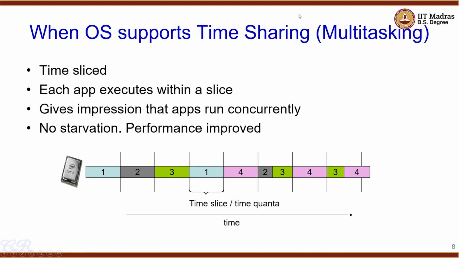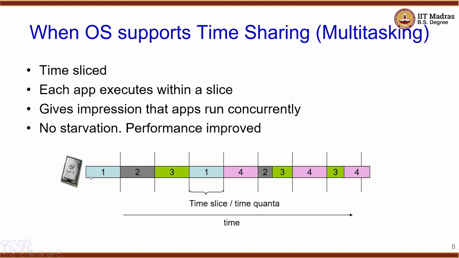Modern operating systems have a concept of multitasking, where your entire time is split into what we call time slices or time quanta. A time slice could be something as small as a few microseconds to a few milliseconds.